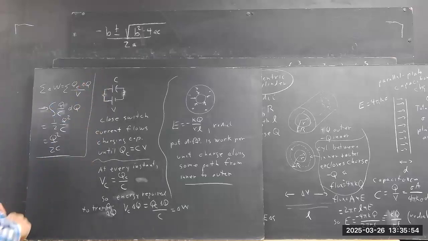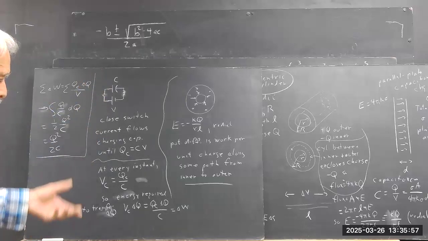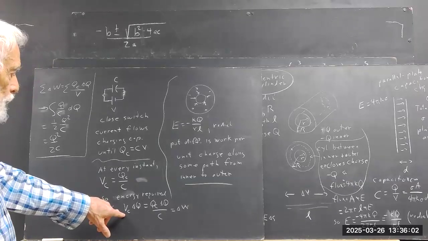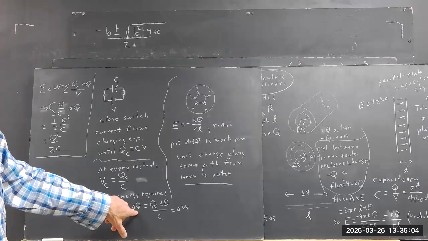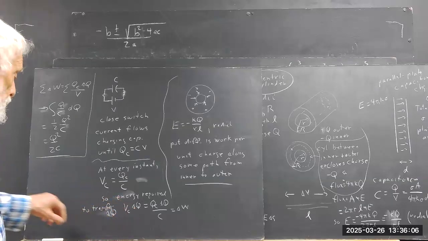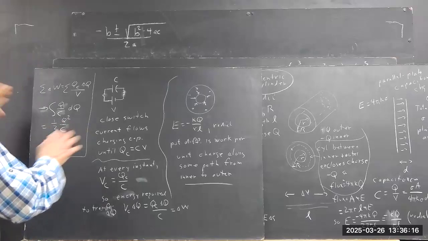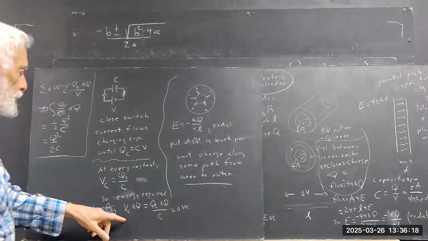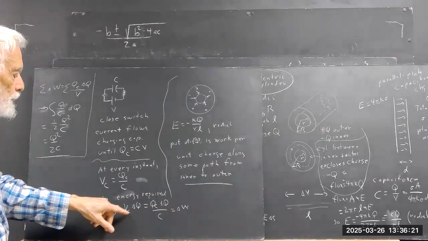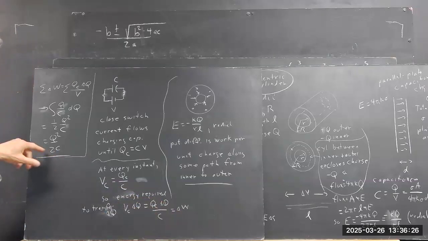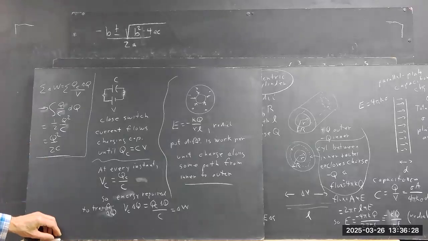So without going into more detail, the idea is you multiply voltage across the capacitor by the charge you're transferring. So you're actually doing the integral of voltage across the capacitor times delta Q. That means you're integrating this, and you're going to get Q squared over 2C.